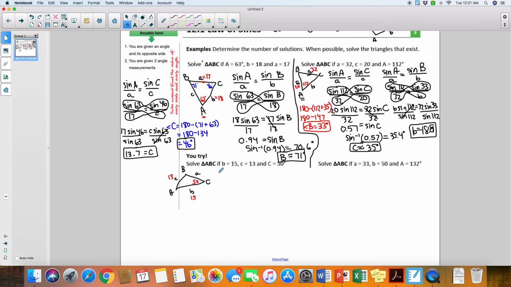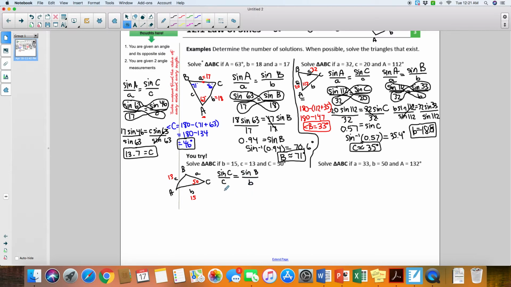This time, instead of using sine A, you should have used sine C over little c, because you do have angle C and side little c. The other one I would have paired it with would have been B, because I have that side length for b. So sine of capital B over little b.